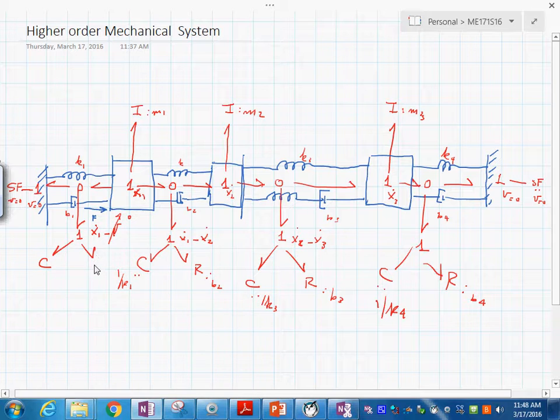Wait, I think you're missing an R. Yeah, we are missing an R element someplace. K5, let's see. This over here. Oh, the damper. Yeah, here's a little problem.